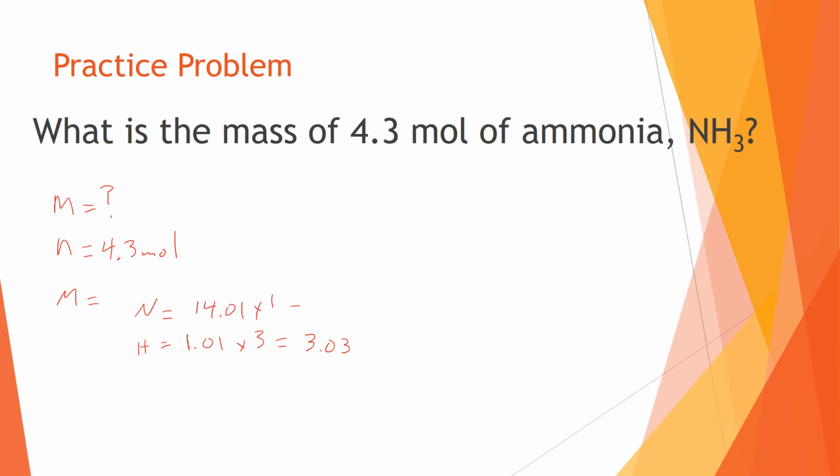There's only one of them, so 14.01. Add them together, and ammonia has a molar mass of 17.04 grams per mole. Mass is equal to the number of moles times the molar mass.